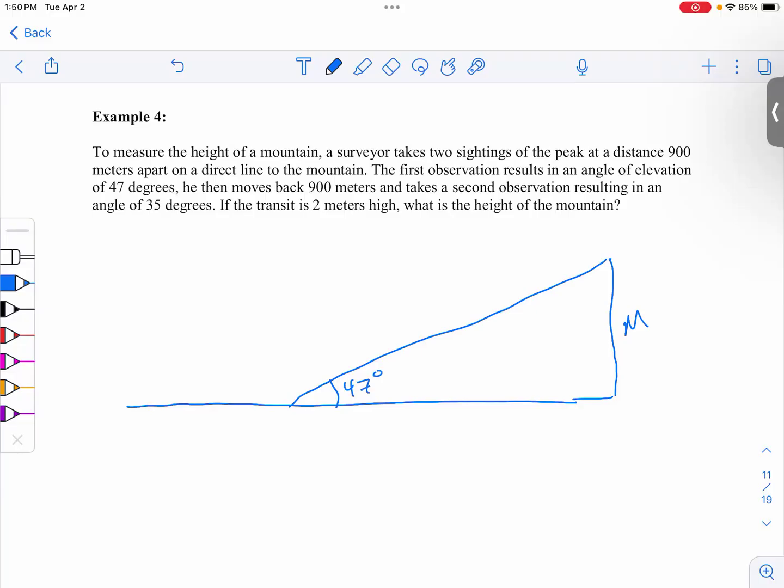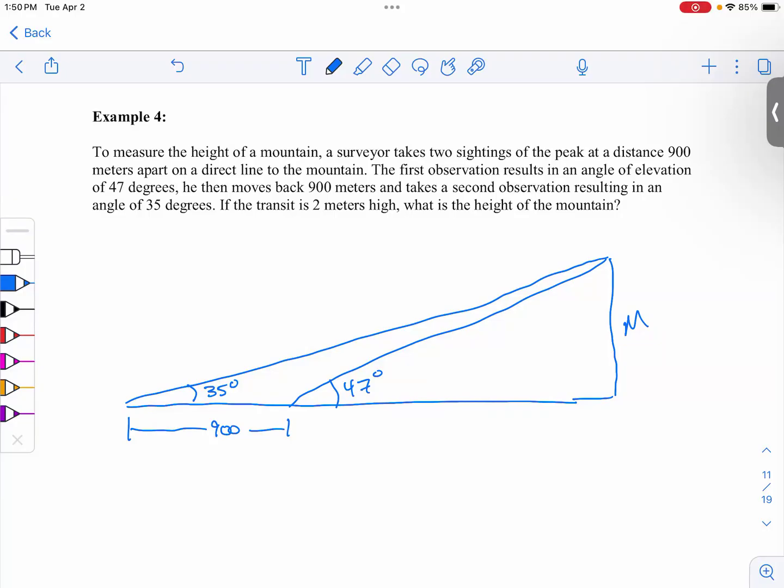He then moves back 900 meters and takes a second observation. Basically, we have a triangle within a triangle here. This one is 35 degrees, and we are told this distance is 900 meters, resulting in an angle of 35 degrees if the transit is 2 meters high.